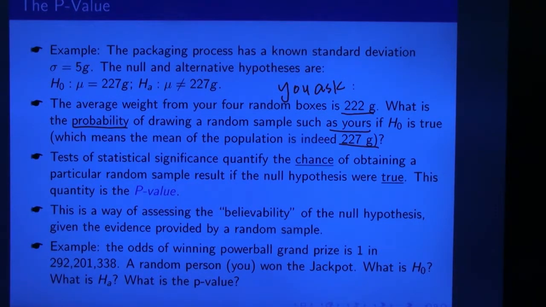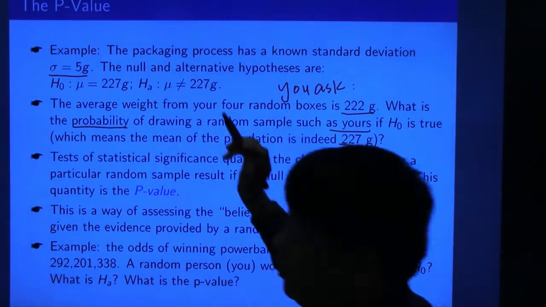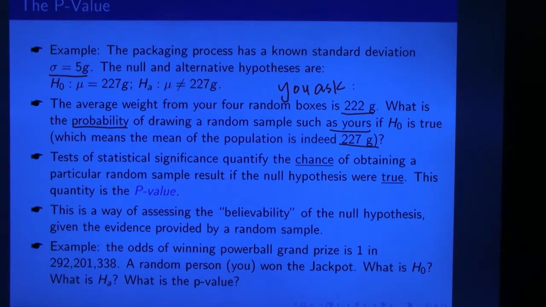What we are given here is the standard deviation of the population, which equals 5. And now you ask yourself, can you figure out how to do this question? Yes, we can, right? The first step, you calculate the z-score, because this is a normal distribution.